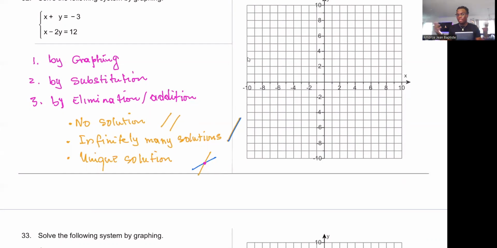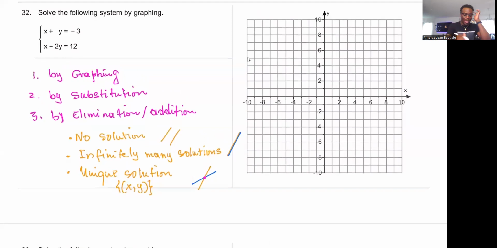For all of them, you can either have no solution, where the lines are going to be parallel, infinitely many solutions, where the lines are one on top of each other, or one unique solution, where you're going to find an x, y, which is the point corresponding to the point of intersection of the 2 lines.